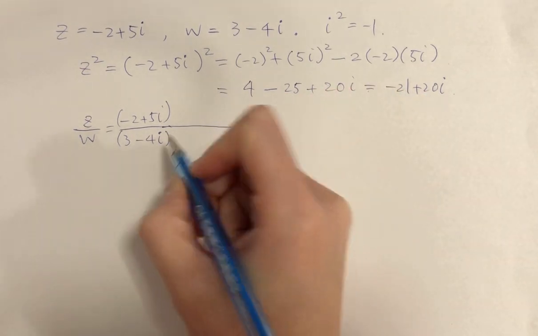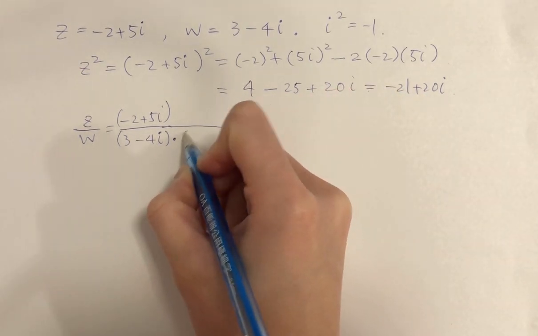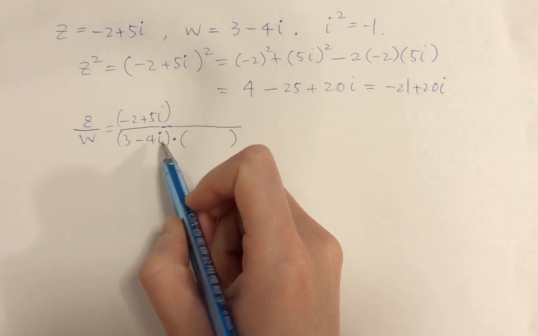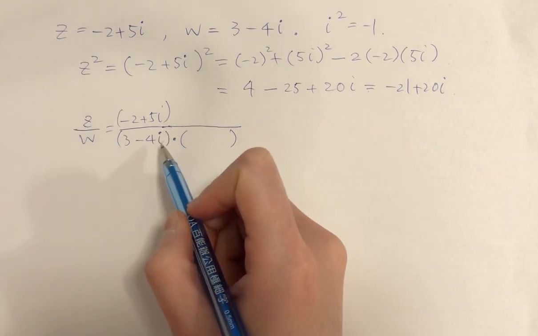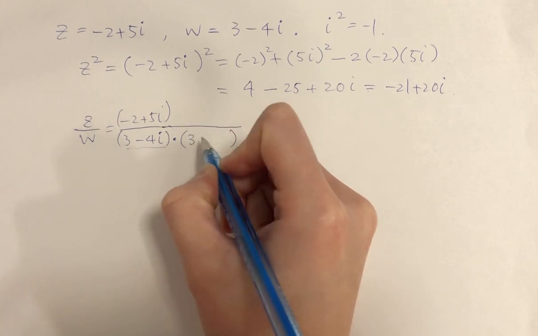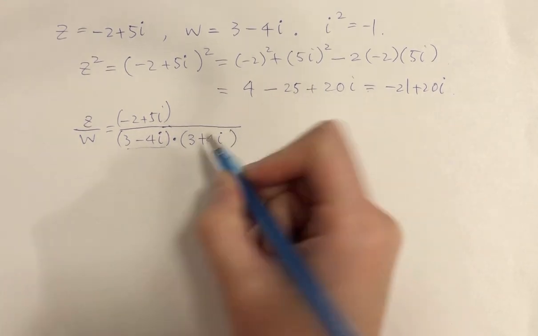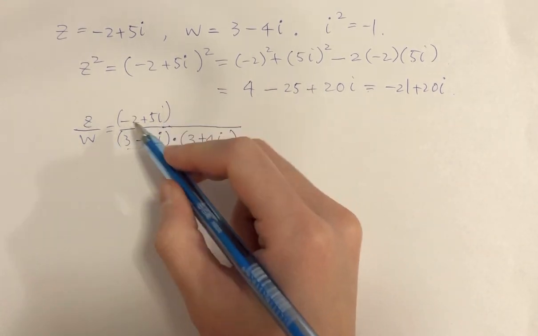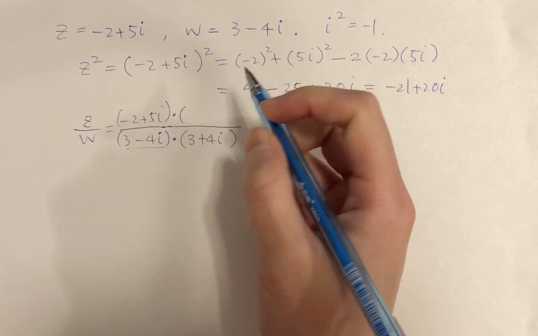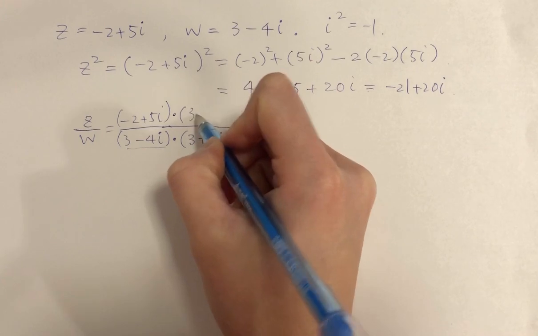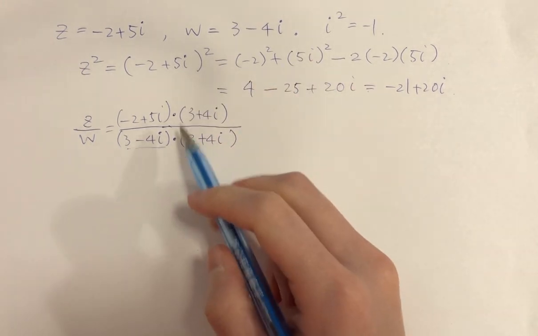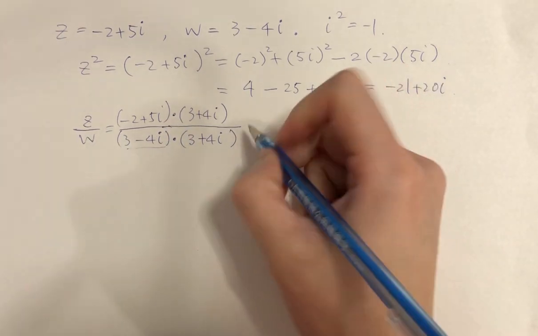The idea is we want to get rid of the i in the denominator. So to do that, we will multiply by its conjugate, 3 plus 4i. In order to keep this quantity unchanged, if you multiply something in the denominator, you need to multiply the same thing on top, so 3 plus 4i. Then this stays unchanged, it's still z over w.